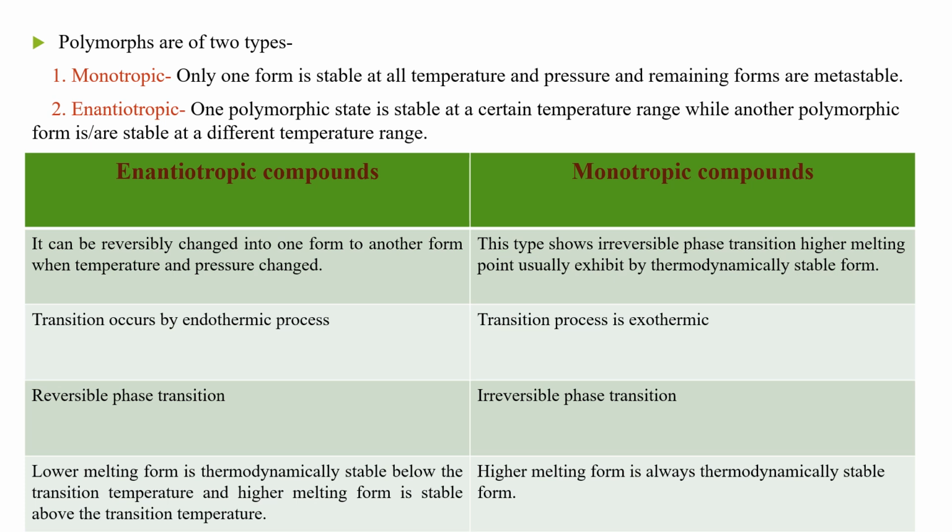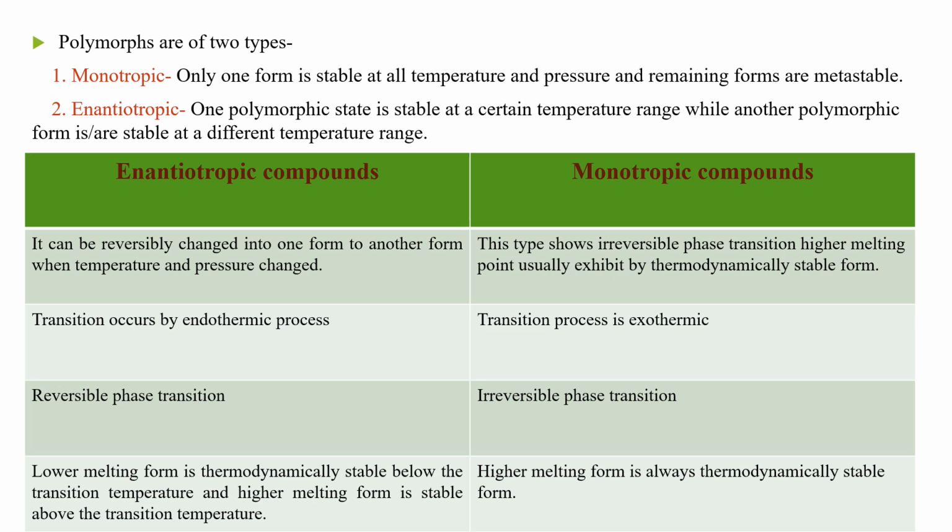In enantiotropic compounds, the lower melting form is thermodynamically stable below the transition temperature, and the higher melting form is stable above the transition temperature, as we have already discussed.